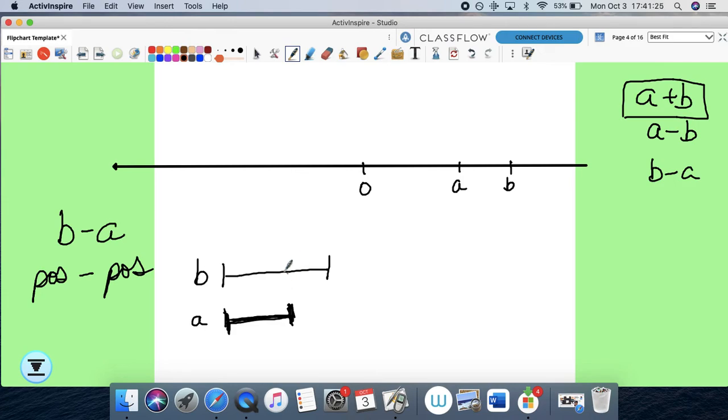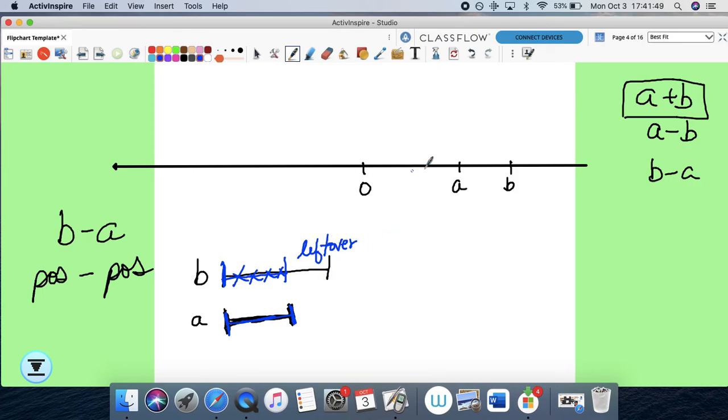How much left over? Well, once I take this much, let me highlight this in blue. This is how much I'm taking away from you. This distance is how much I'm taking. So from B, which is what you have, I'm taking this much away. And what are you left with? Here's your leftover, and that is your answer.